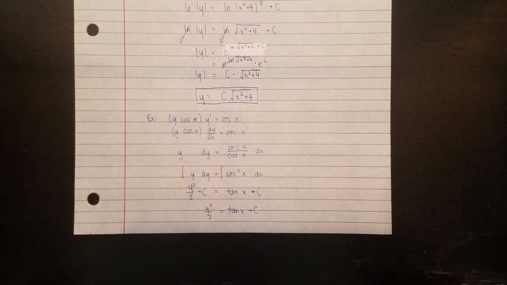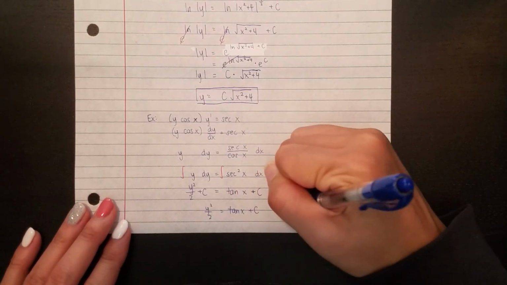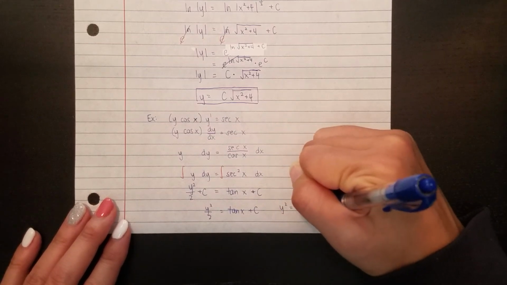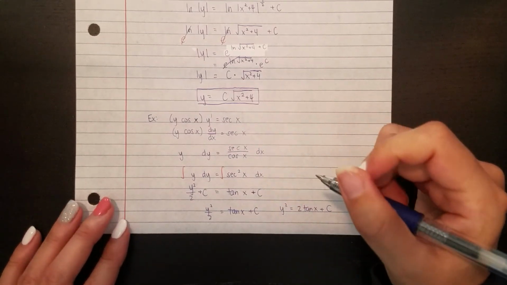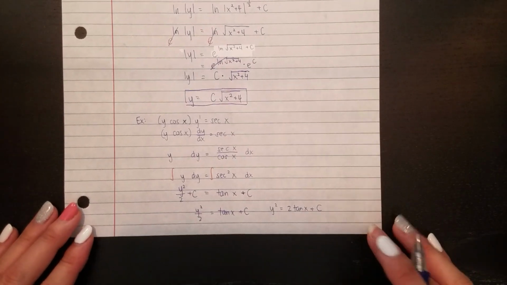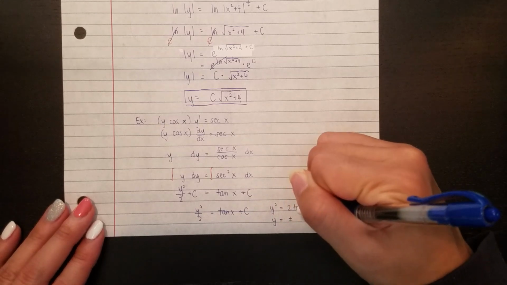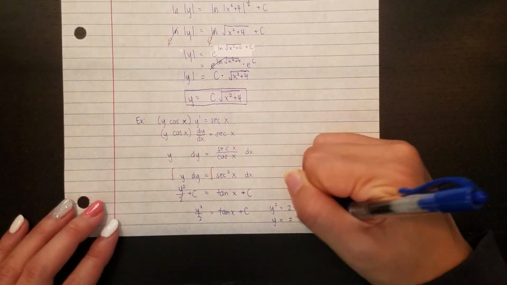And then I'm trying to get y by itself, so let me multiply both sides by 2. And then square root both sides to get rid of the square. Remember, when you square root both sides, you need the plus or minus.